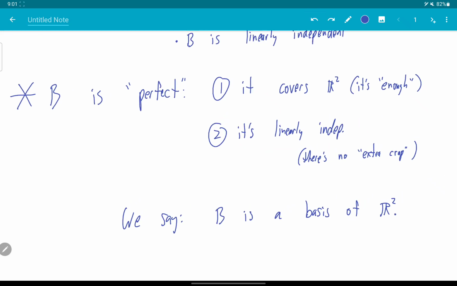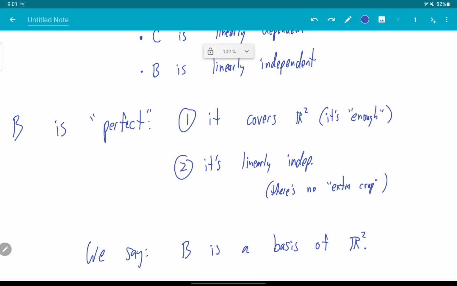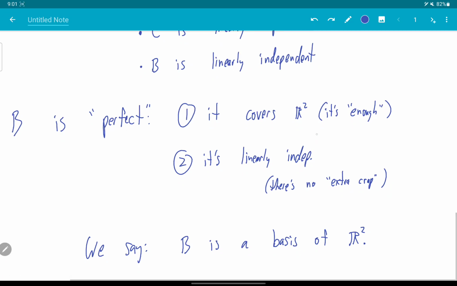That's one condition to be a basis. And the other one is, well, I'll write down a formal definition shortly, but it's covering R2. So what I mean here is that span of B equals R2. So being enough is the span equals R2, and no extra crap means linearly independent.